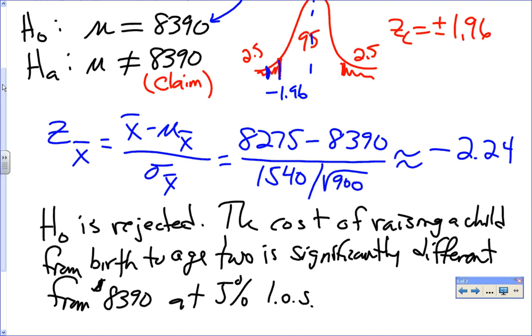So that's why we always write down where the claim is first, so we don't get confused. Let's say the claim was in the null, then we would say that particular claim was false. But in this one, I made the claim, or like I said, you made the claim that it's different, and so you made a claim that was in the alternate. So you see how in this case I'm actually rejecting their claim, because I made the opposite claim to what they said.